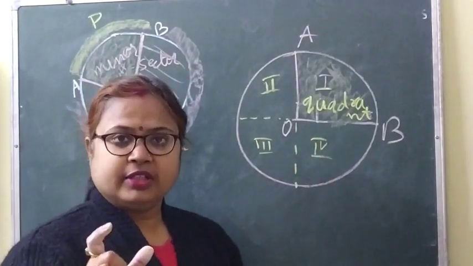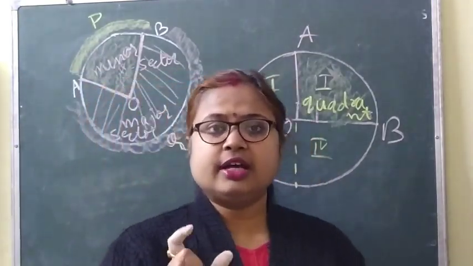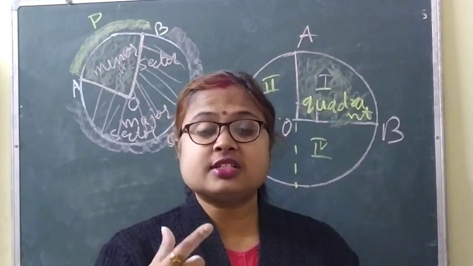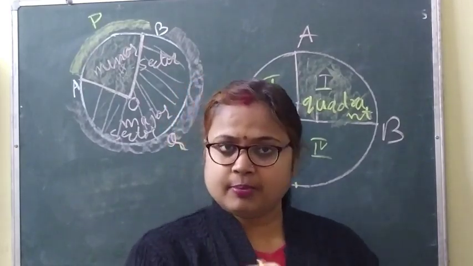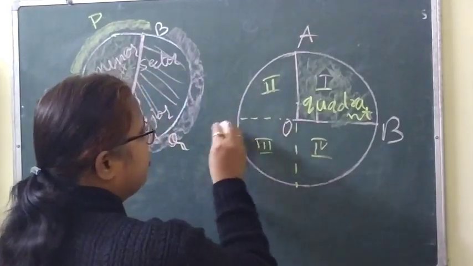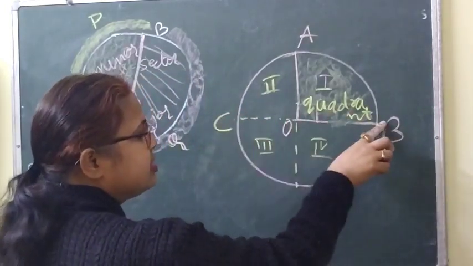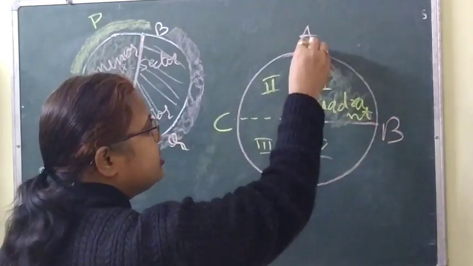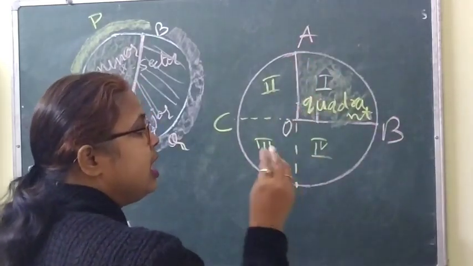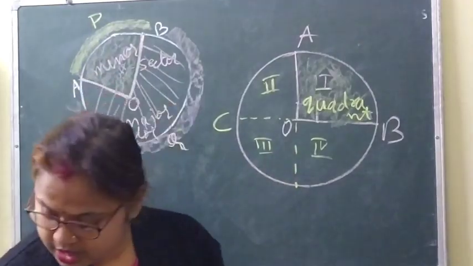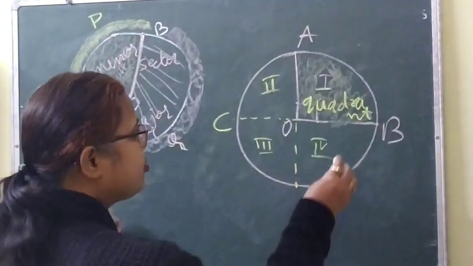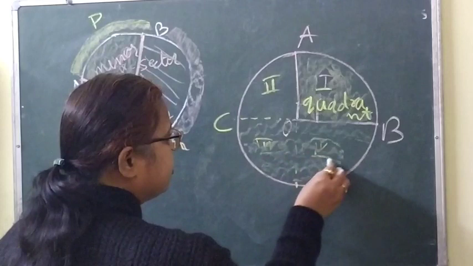Now, one thing is very important, the diameter. Diameter divides the circle into two equal parts. So, here if this one is C, then CB is the diameter, and this CB divides the circle into two equal parts. And each half is called a semicircle. Clear?